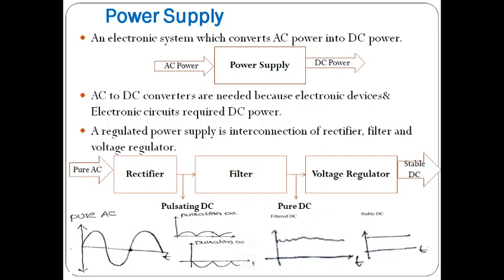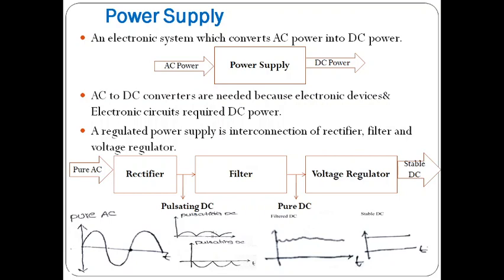If you are not getting stable DC, what happens? Due to the fluctuations in the DC power supply, your mobile may get damaged. So we need to use the voltage regulator. Clear? In these rectifier circuits, we use PN junction diodes to convert pure AC to pulsating DC.